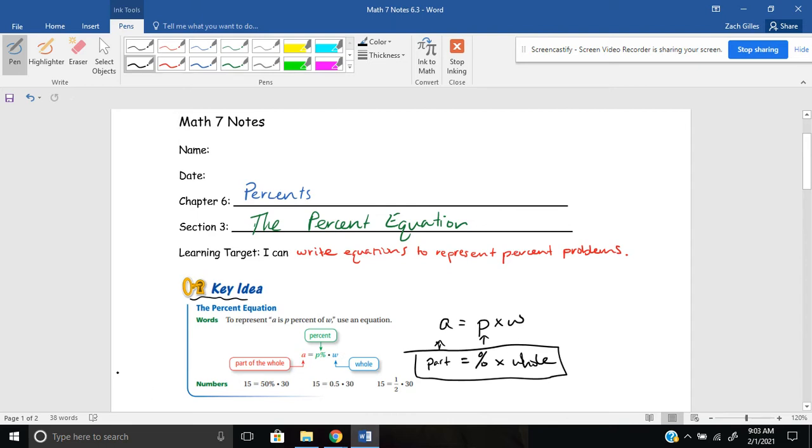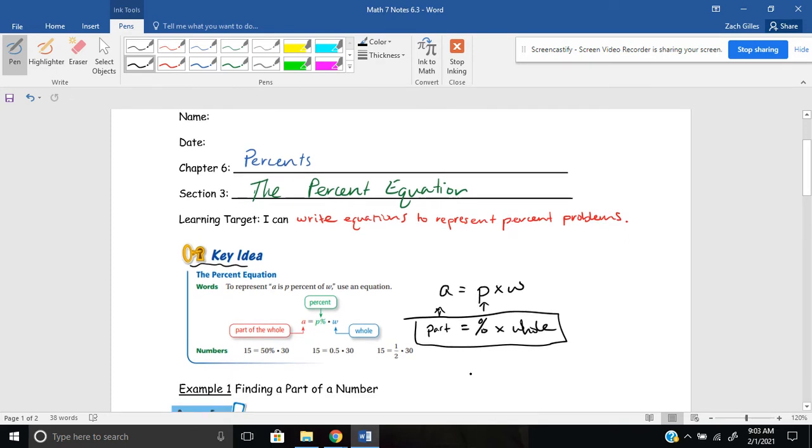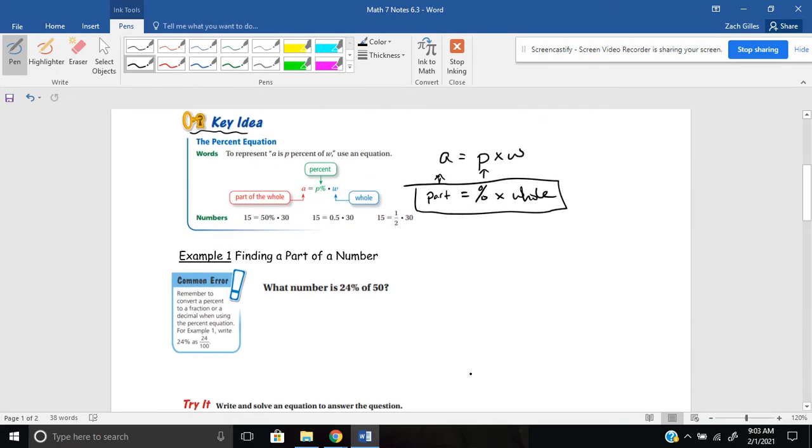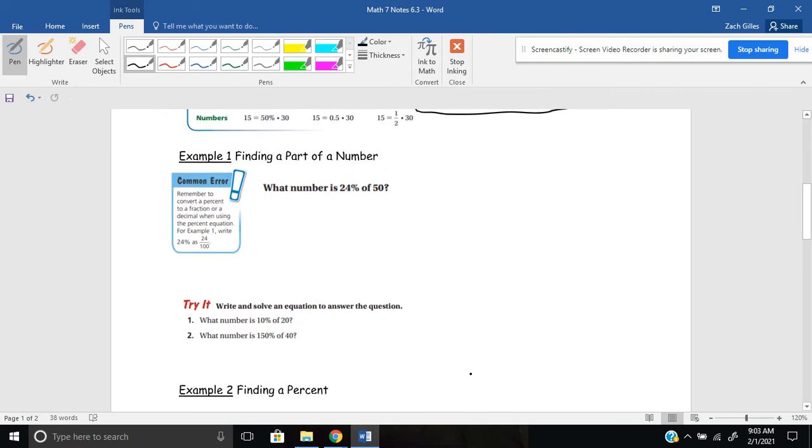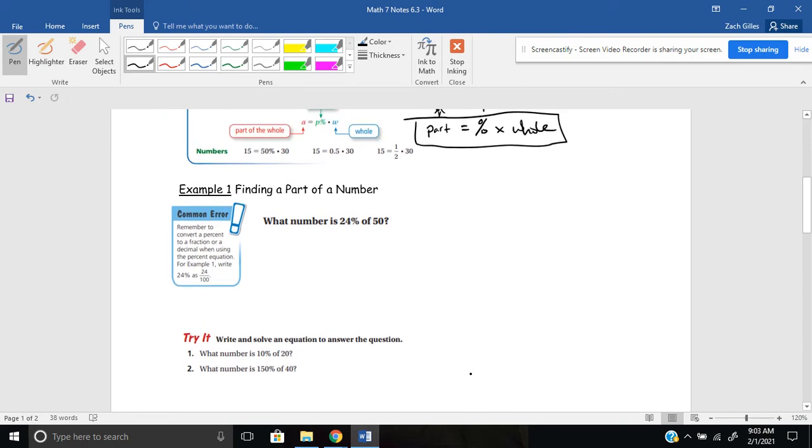We're going to look at a lot of situations where we're trying to find the part, the percent, or the whole. Really similar to last section, except now instead of using a proportion, you're using an equation. So let's take a look at a few of these examples and see how they go.